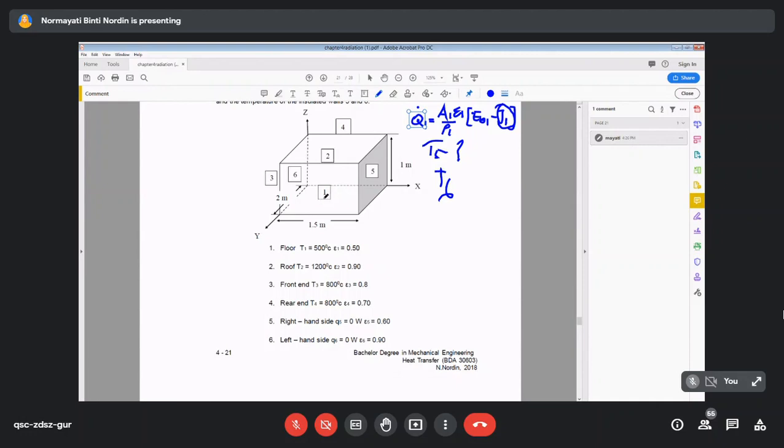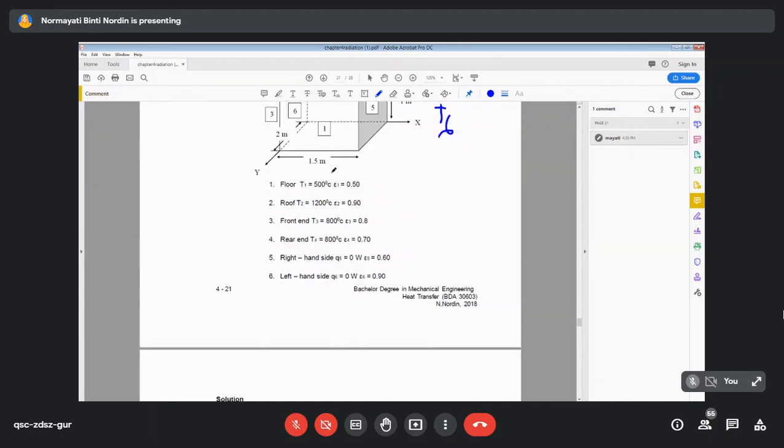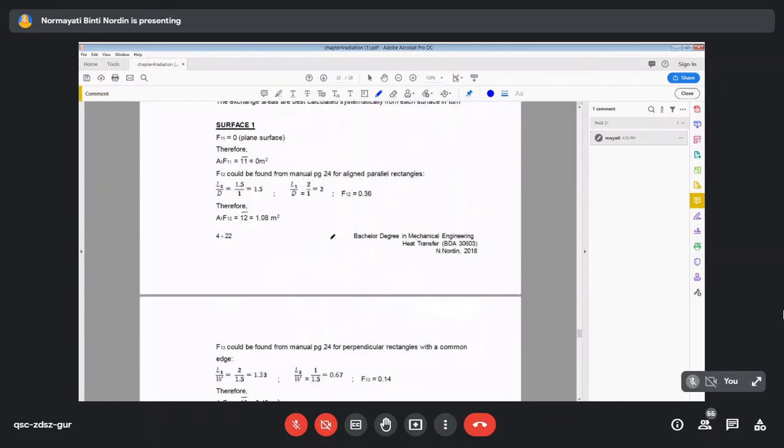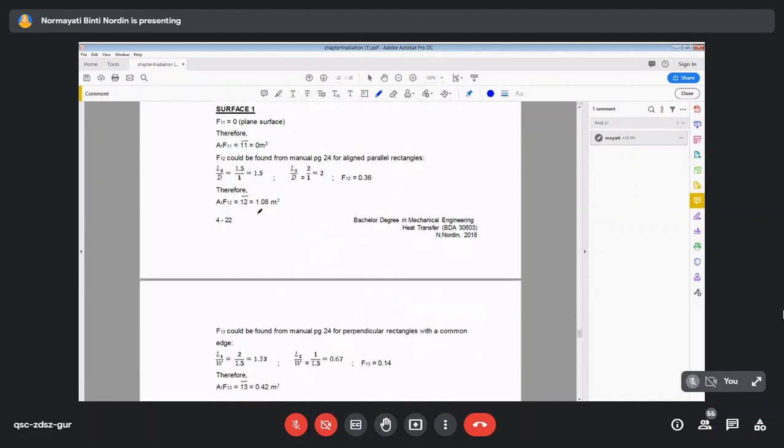The chart gives you directly the exchange area or view factor from bottom to top. So that's the skill that you have, you won't waste time, you straight away get the view factor, and then the exchange area.